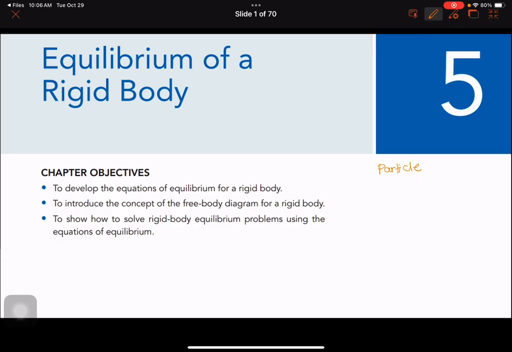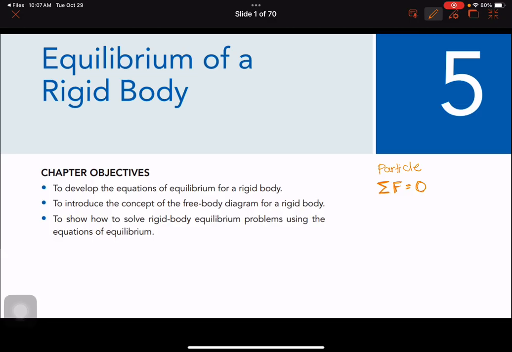And to maintain equilibrium, it is necessary to satisfy Newton's first law of motion, which requires that the resultant force acting on a particle to be equal to 0. So mathematically, that is expressed as the summation of all the forces acting on the particle should be equal to 0 for it to remain in static equilibrium.